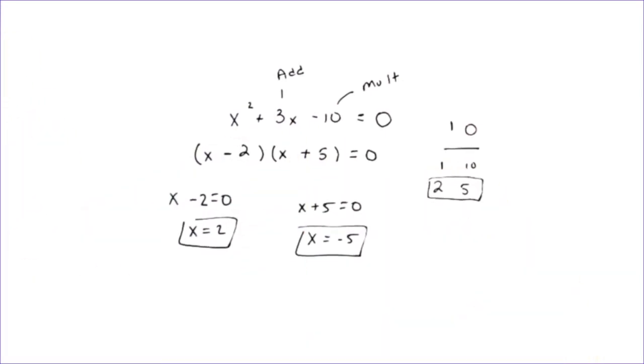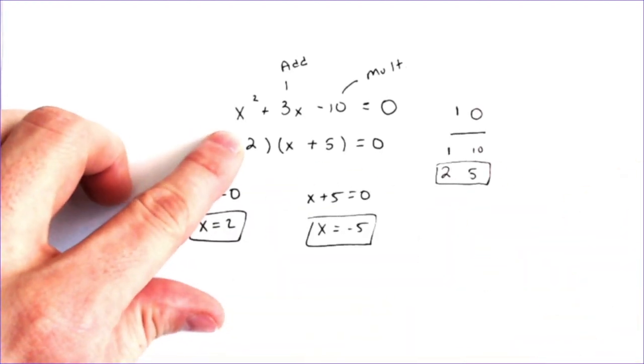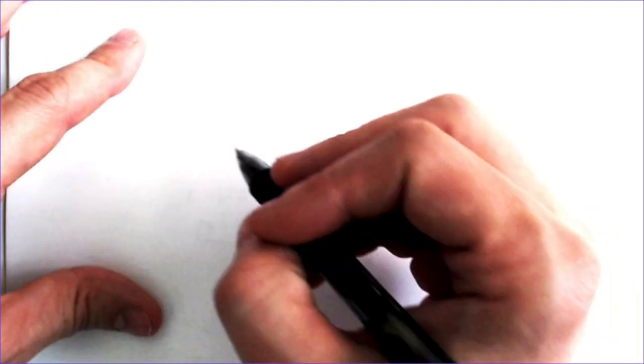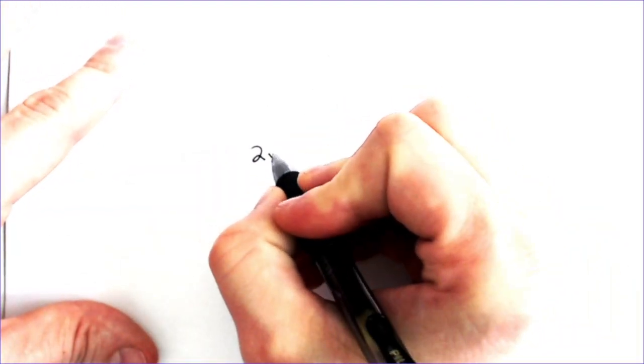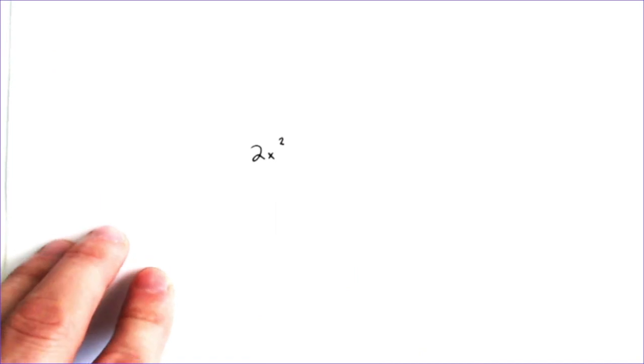A slightly more difficult scenario would require that you do a little bit more work, but not much more work. So let's try one of those. A slightly more difficult scenario would mean that instead of having a plain x squared like we had here, we're going to have something like a 2x squared or a 3x squared.